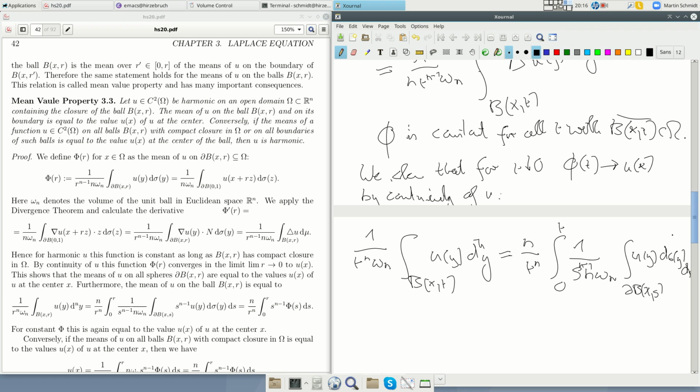Now, since we already know that for all s this is u of x, this is n over r to the n, the integral from 0 to r of u of x.